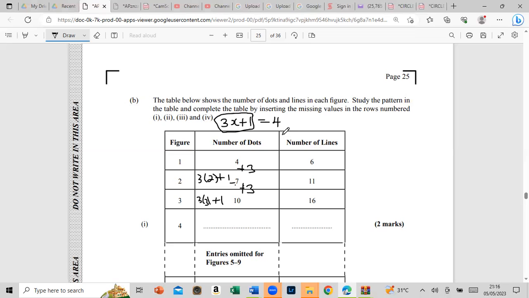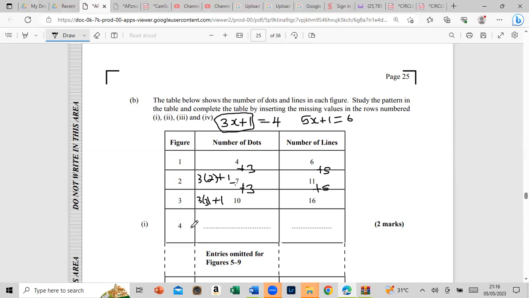Alright, and do you see anything for this now? The difference is 5, and the difference is also 5. So I'm multiplying by some constant, 5x, plus something that equals 6. Put 1, 5 ones is 5. We need to add 1 to make 6. So it will be 5x plus 1.